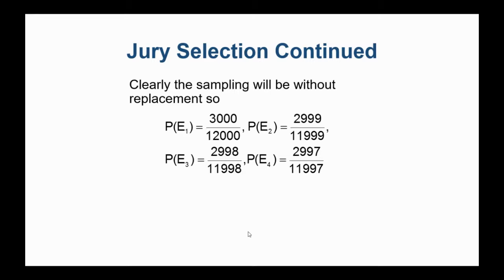So how could I find the probability that all 4 occur? Multiply them all. That's right.